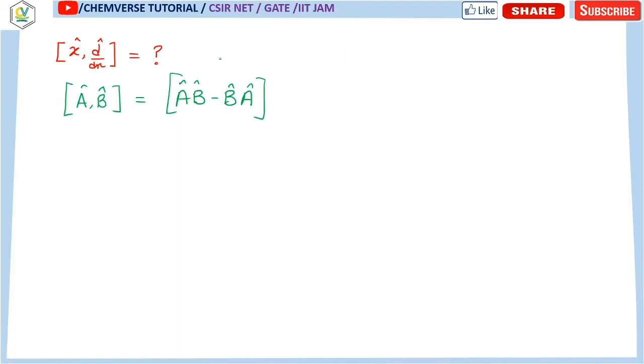So what I can say is that this commutator of A and B implies AB minus BA. Suppose there is a function psi which is operated on, then this is nothing but AB minus BA. So first we can write ABpsi minus BApsi.